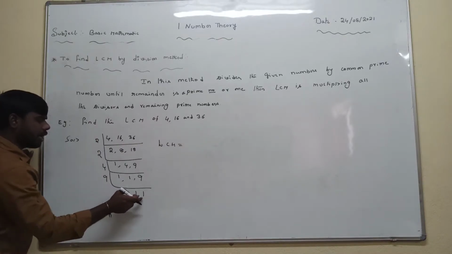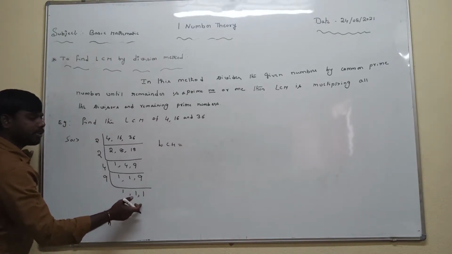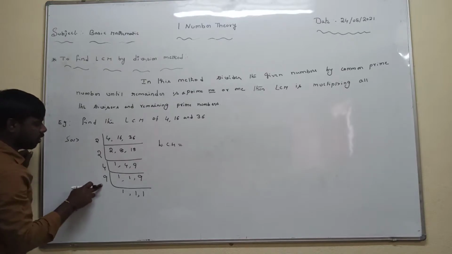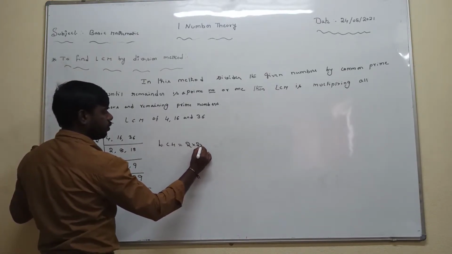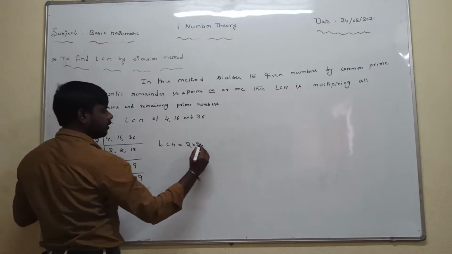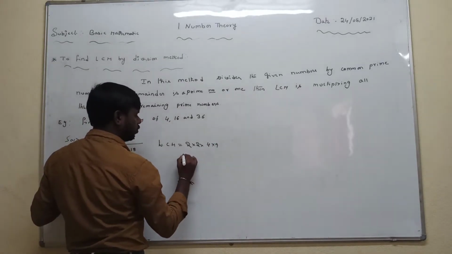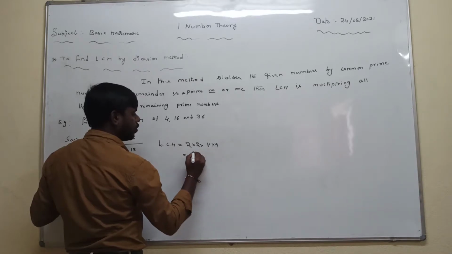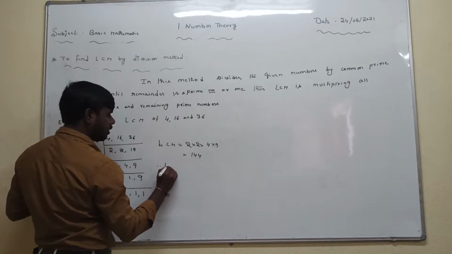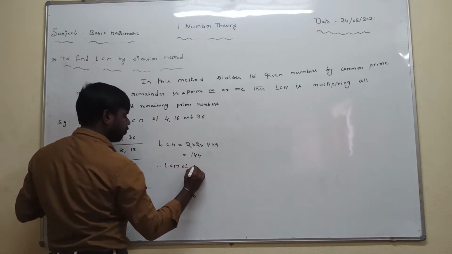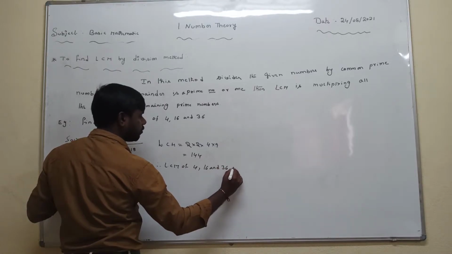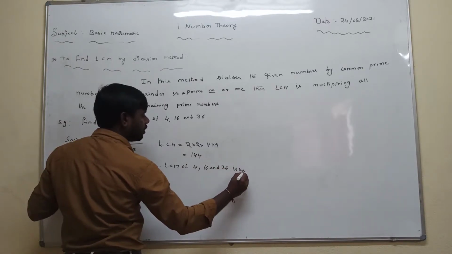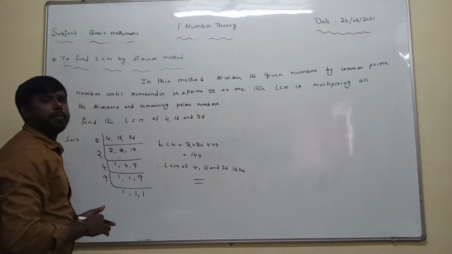Now 2 into 4 into 9. 2 2s are 4, 4 4s are 16, 16 9s are 144. We got the LCM of 4, 16 and 36 is 144. This is the division method.